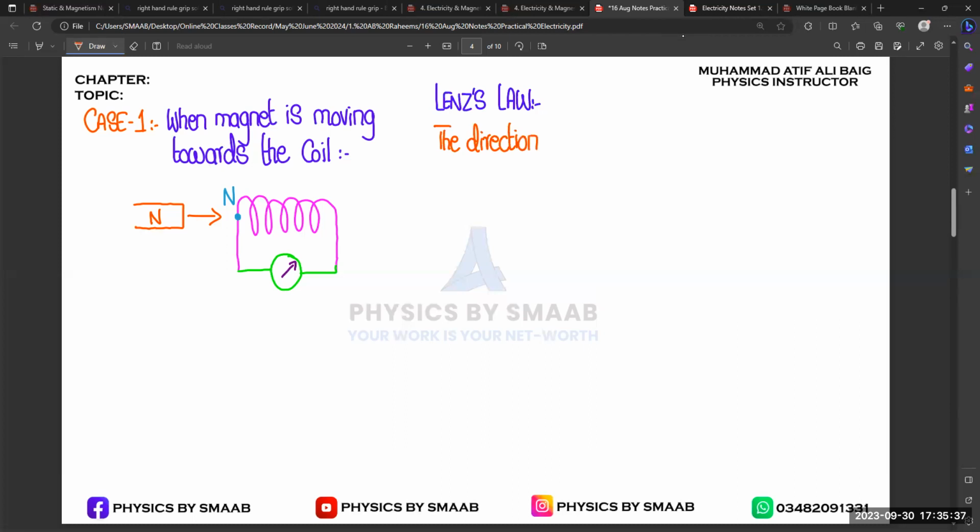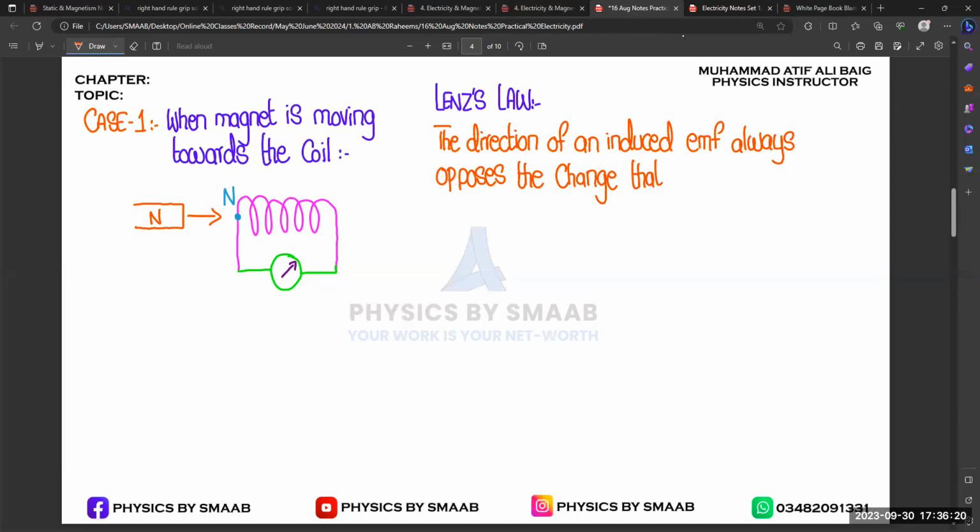the direction of an induced EMF always opposes the change that produces it.